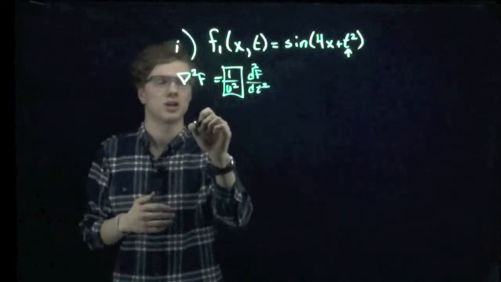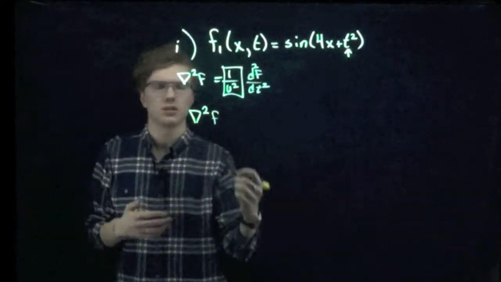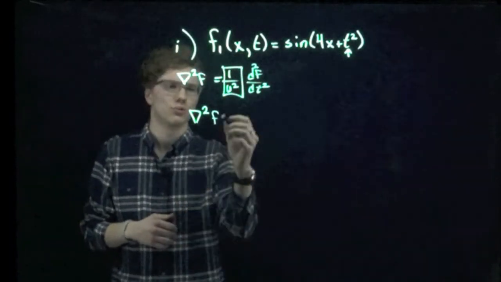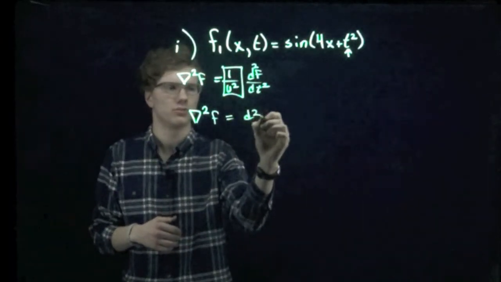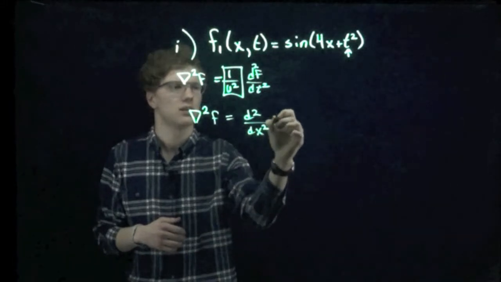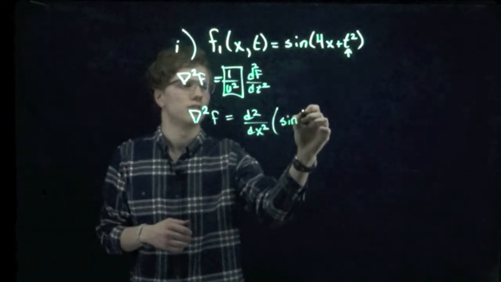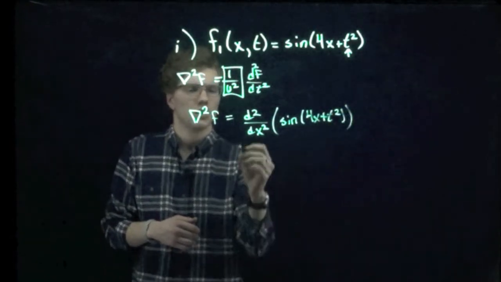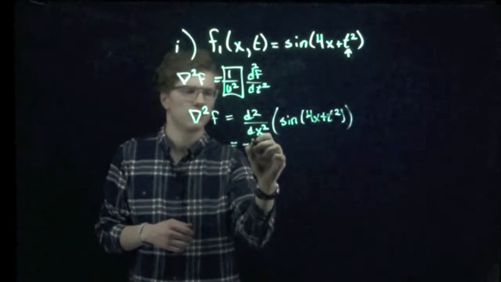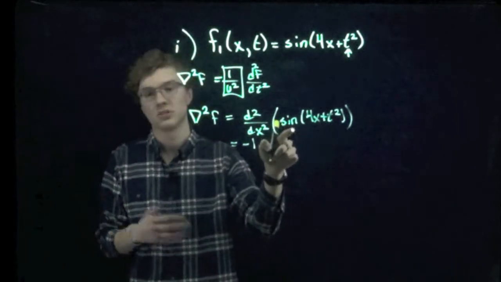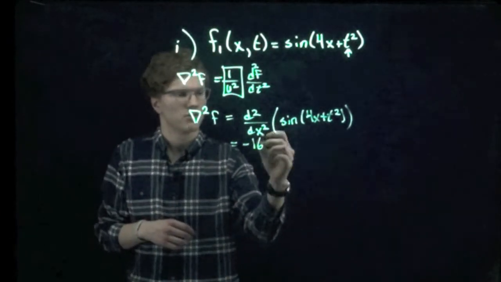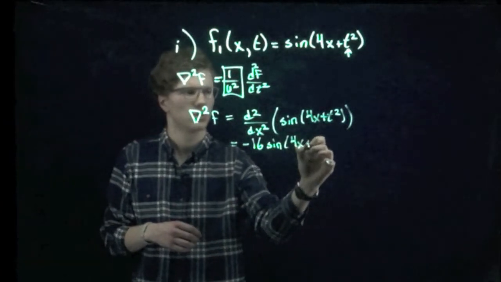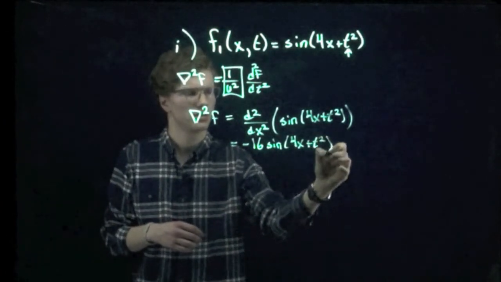Starting out with the Laplacian, it is just our spatial derivatives. We only have x in this equation, so we're going to take the double derivative with respect to x of sine of 4x plus t squared. This is going to end up being negative, because the negative comes from taking the double derivative of sine: negative 16 sine of 4x plus t squared.